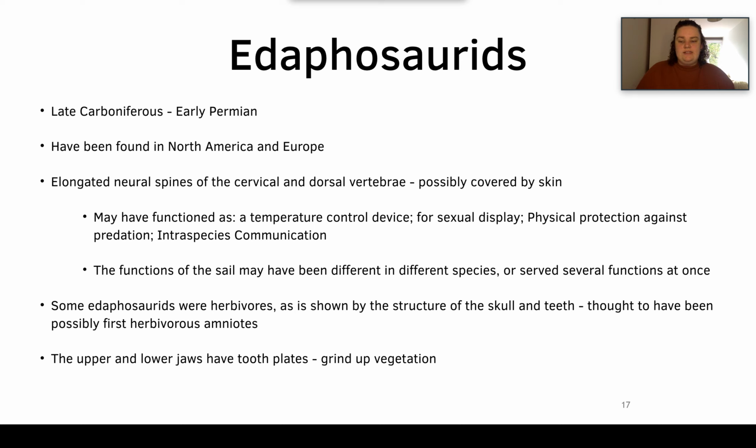And they had elongated neural spines on the cervical and dorsal vertebrae, and it's thought that these neural spines were covered by skin. And this may have functioned as temperature control, sexual display, physical protection, or maybe communication. And the functions of these sails may have been different in different species or served several functions at once.